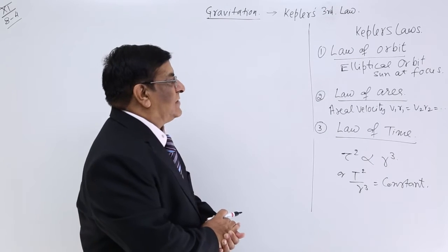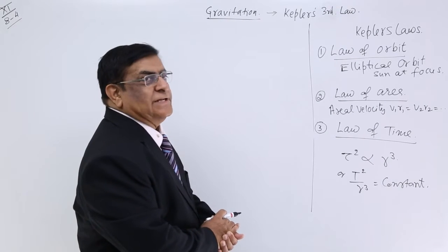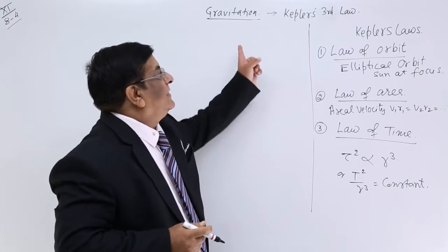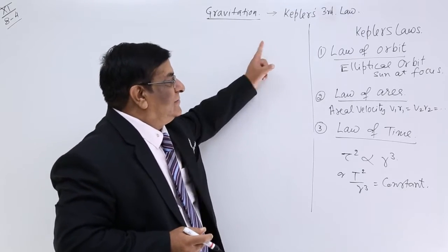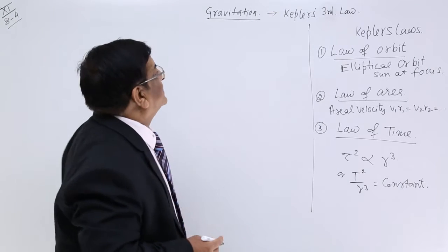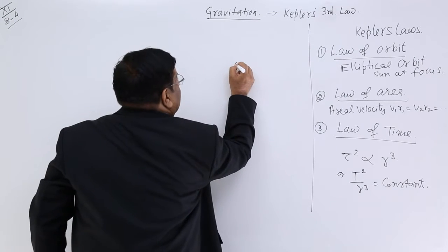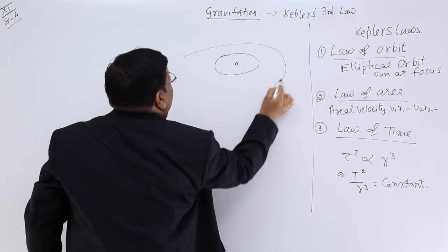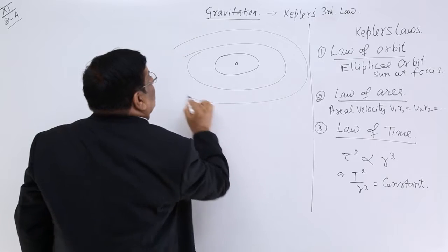Kepler's third law tells us about the relation of the time period in which a planet makes an orbit to the radius. Here is the Sun, here is planet 1, here is planet 2, here is planet 3.